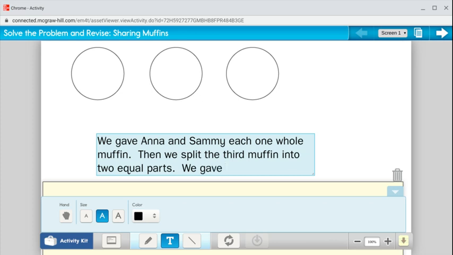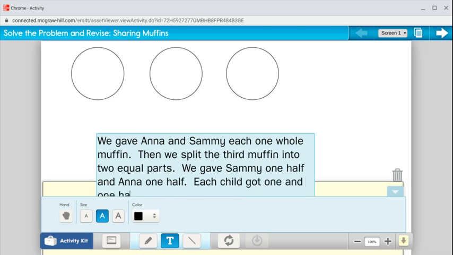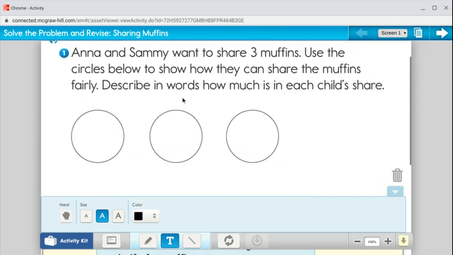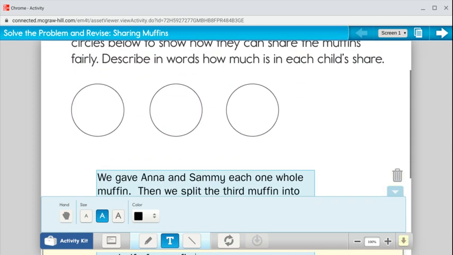We gave Sammy 1 half and Anna 1 half. Each child got 1 and 1 half of a muffin. Right? So that's how we would explain our thinking, which was with open response. We always have to describe, okay, what we did and how much each person got.